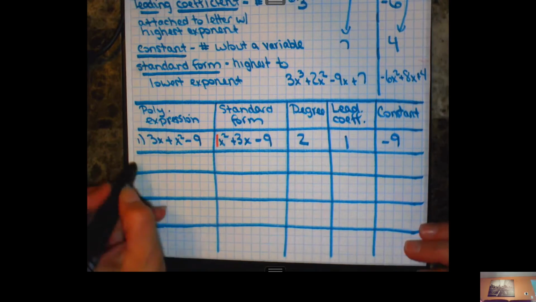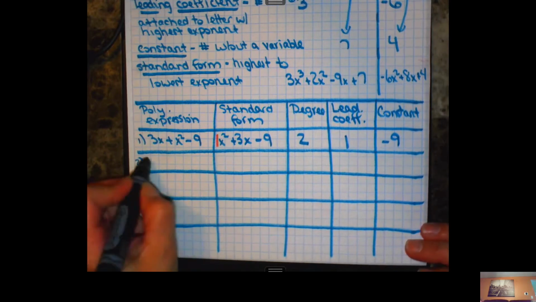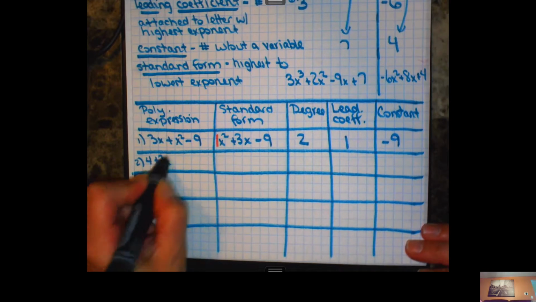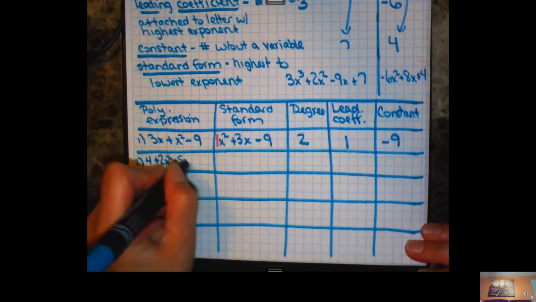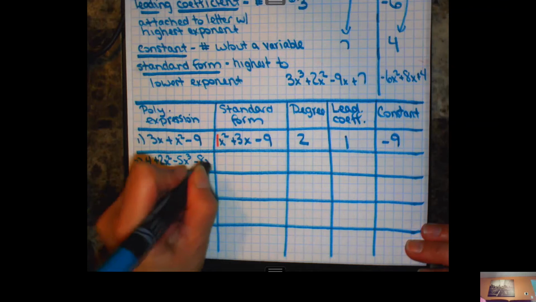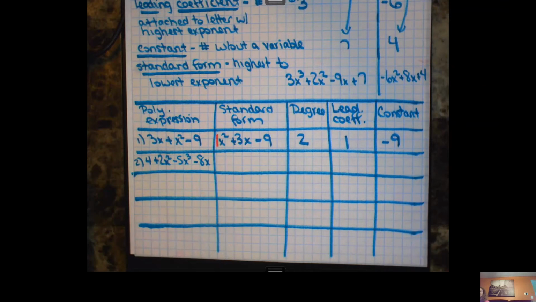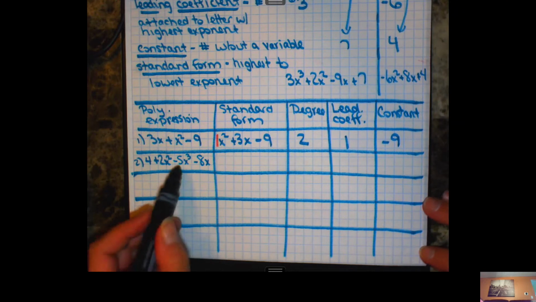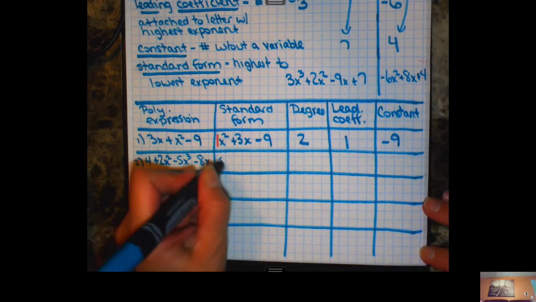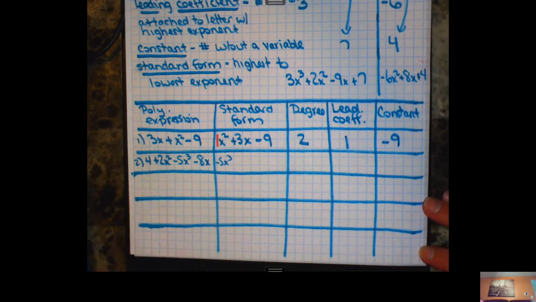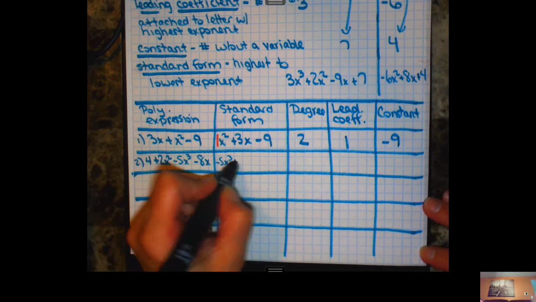Number 2. Can you write 4 plus 2x squared minus 5x cubed minus 8x? And you can pause the video if you'd like to try it on your own. All right, standard form, highest exponent is this term, negative 5x cubed. Next would be a power of 2, so plus 2x squared.